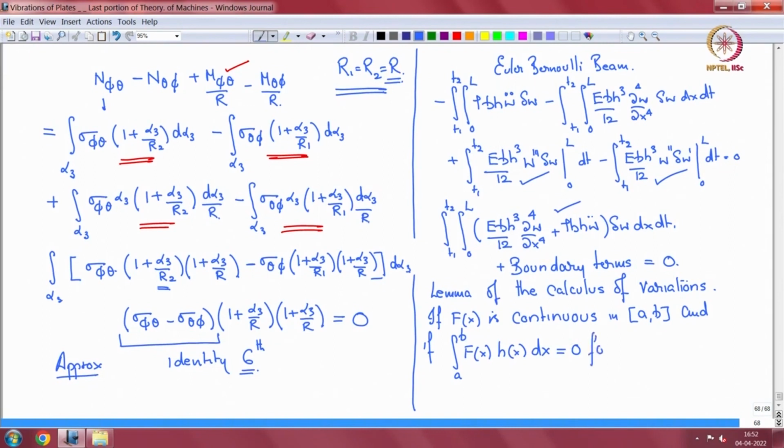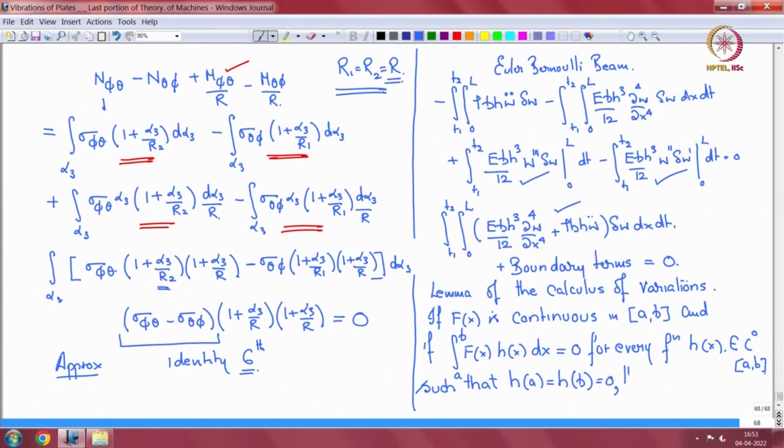for every function h of x belonging to C0 in AB, a continuous function such that at the end points h of a is equal to h of b is equal to 0.